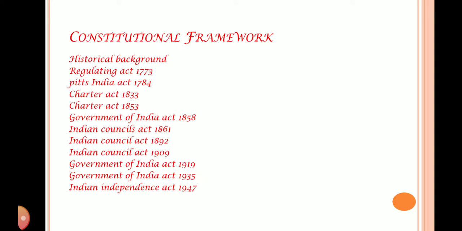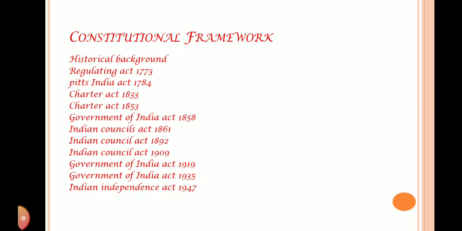It introduced responsible government in provinces, that is the governor was required to act with the advice of ministers responsible to the provincial legislature. The provinces were now autonomous units of administration in their own fixed sphere.